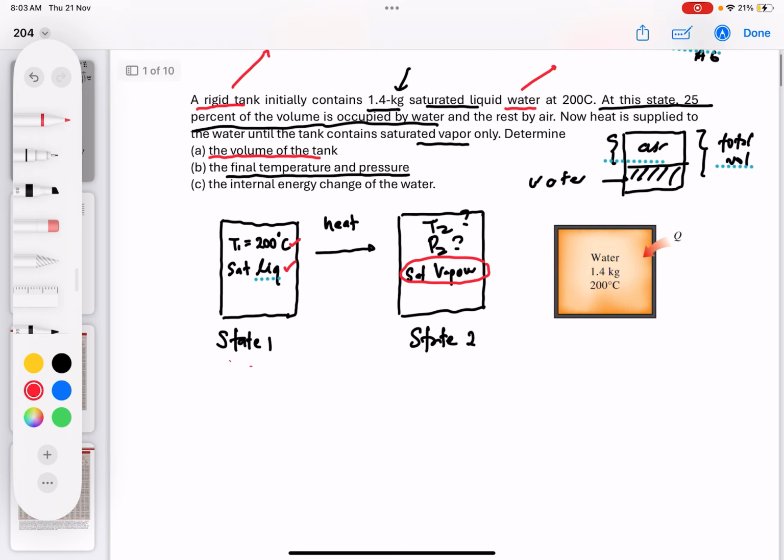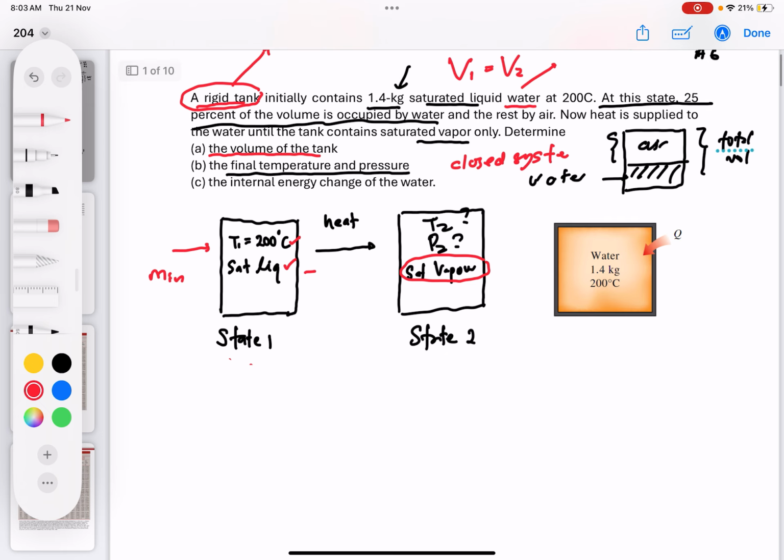But going back to the question, it mentions rigid tanks, meaning that the volume is going to be the same. And because this is a closed system, there won't be any mass flowing in or out of my system. Therefore, the mass here, let's say equals 1.4.